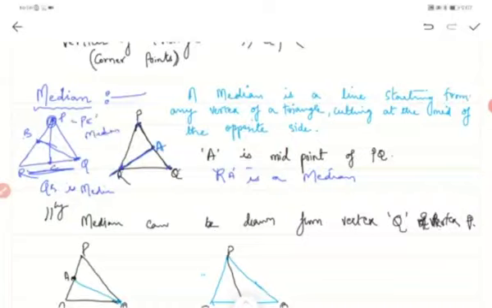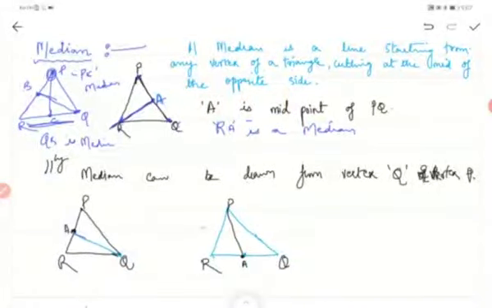So this is a new term maybe for you all. What is median? Median is a line coming from any vertex of a triangle, and it is cutting at the midpoint of the opposite side. The opposite side of Q is what? RP, isn't it? Opposite side of R is what?